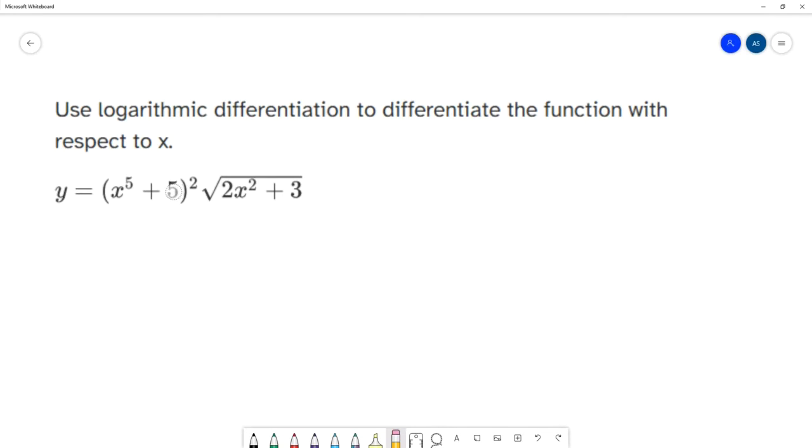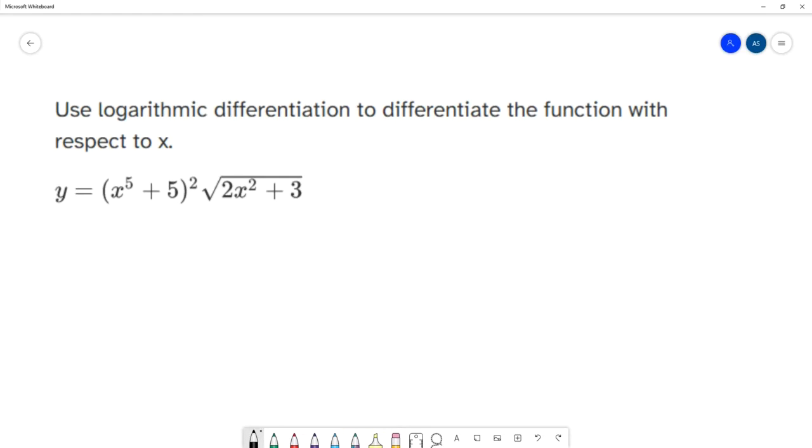So I would have to use the chain rule when calculating the derivative of that factor. And inside this radical, I have something other than x, and I would have to use the chain rule when calculating that. So logarithmic differentiation is going to make the process of calculating the derivative a little bit easier because I'm not going to have to use that product rule once I've gone through this process.